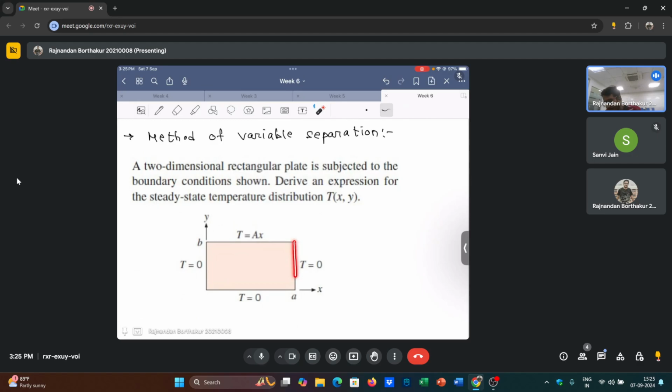It starts off with a simple boundary condition. It's a Dirichlet boundary condition on the four edges. If the unknown variable is directly prescribed on the boundary, then the boundary condition is known as the Dirichlet boundary condition.